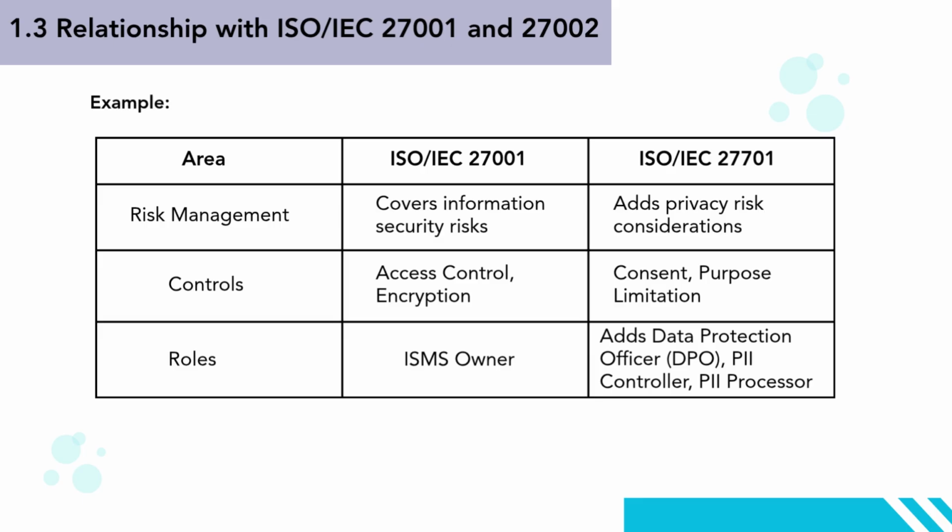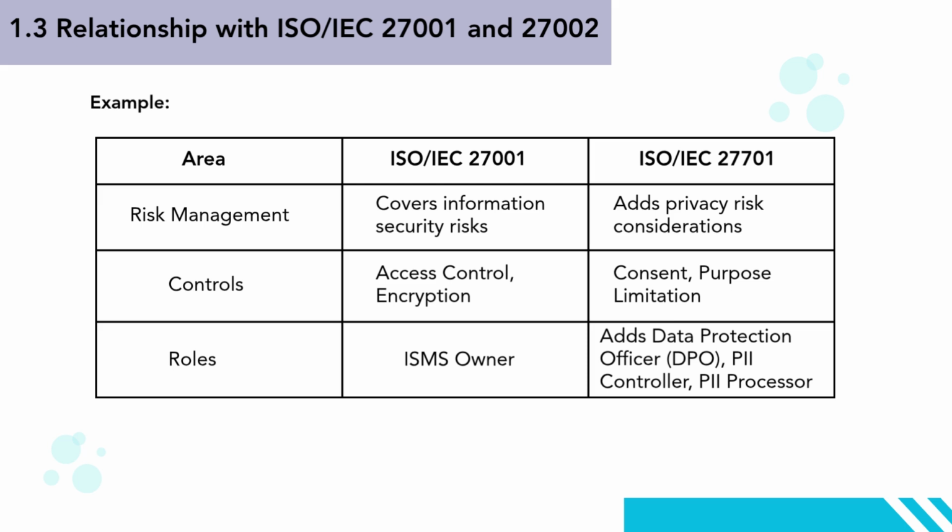The controls also evolve significantly, with ISO 27001 providing foundational security measures like access control and encryption, while ISO 27701 introduces privacy-centric controls including consent management, purpose limitation to ensure data is only used for specified reasons, and data minimization principles.